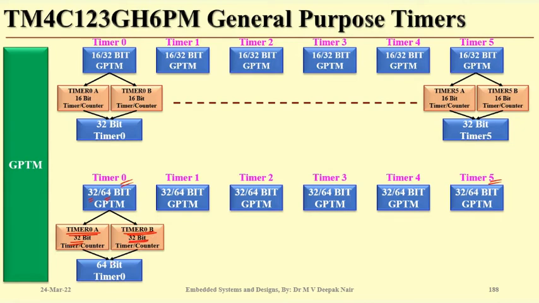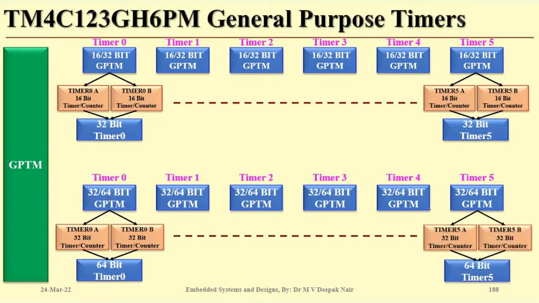But if you combine them, then it will become timer 0, which will be 64-bit. So there is a facility: either you can use them individually as 32-bit, or combine them to make 64-bit. Similarly, you can take 16-bit separately, or combine them to make timer 0 32-bit.